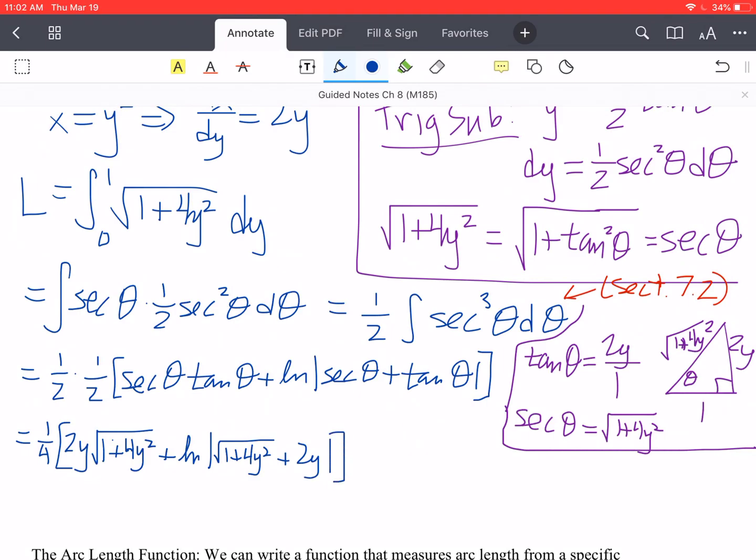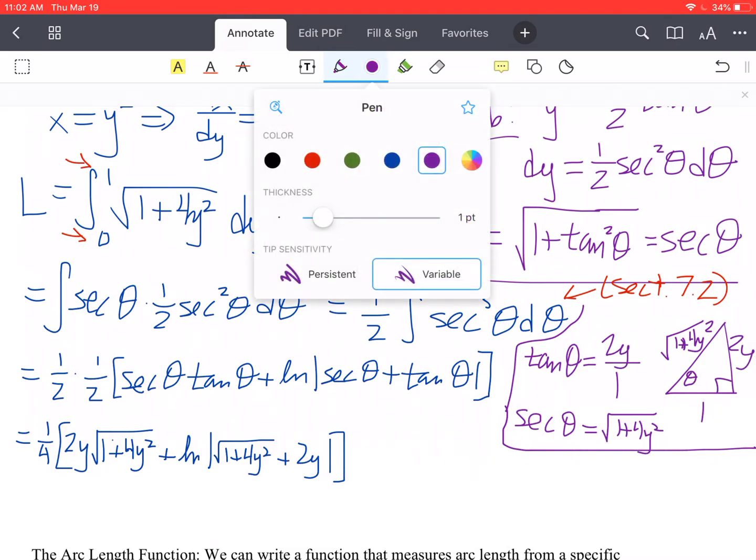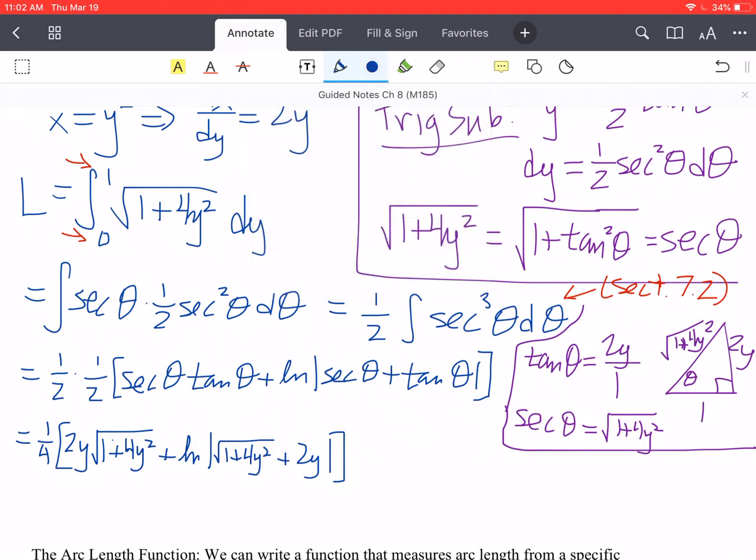And now that we're back in terms of y, we can evaluate back at these original bounds that we started with. So that's going to be from 0 to 1.